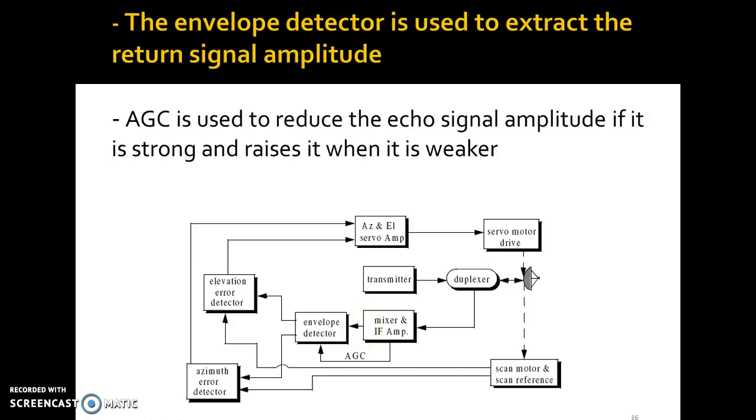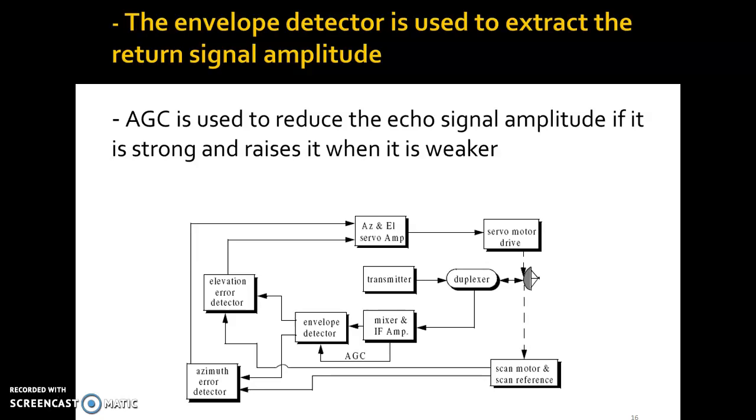As we can see over here, the elevation error detector and the azimuth error detector, as we have already discussed, are used to detect the errors in the vertical or the horizontal planes. So whatever the target's offset from the line of sight or from the tracking axis in the horizontal or vertical planes, the error can be removed by using the elevation and azimuth error detectors.